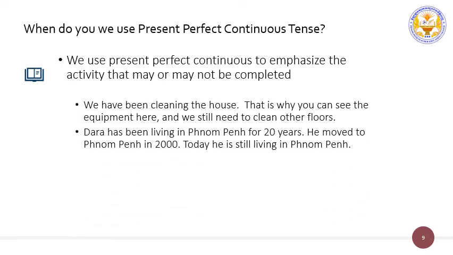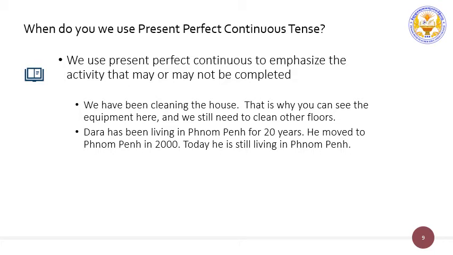Another example. Dara has been living in Phnom Penh for 20 years. He moved to Phnom Penh in 2000 and today he is still living in Phnom Penh. That's why we say he has been living in Phnom Penh for 20 years. We can use present perfect simple tense: he has lived in Phnom Penh for 20 years.